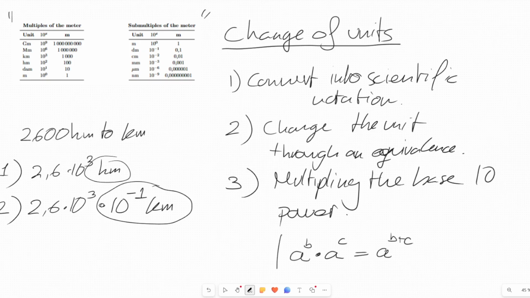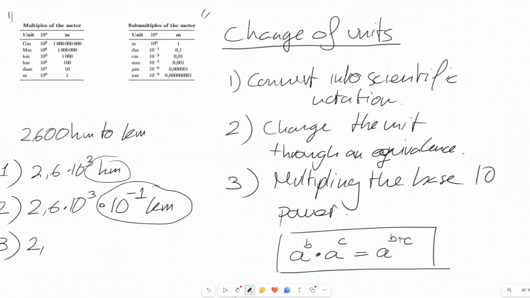Okay, this is the mathematical property we're going to use in here. In here we've got 10 base, so A would be 10, and B and C in this case would be 3 and -1.